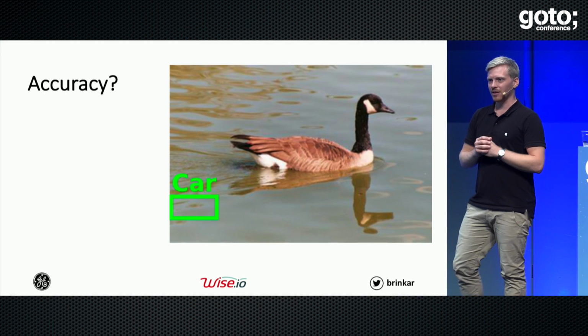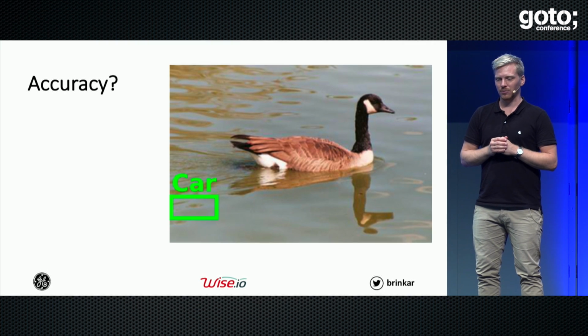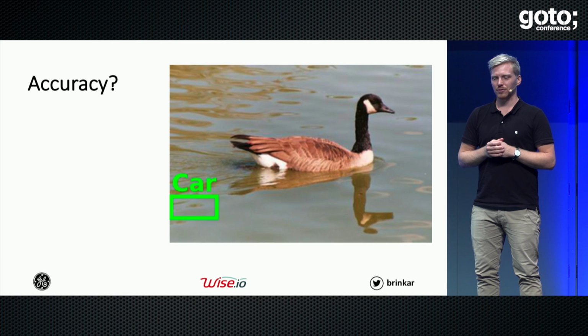But nonetheless, in the world we live in, accuracy is kind of the most important parameter for a lot of people. So I don't know if you know Kaggle, which is a competition site for data science or machine learning, and everything that they do is based on accuracy. So you win if you have the most accurate model.